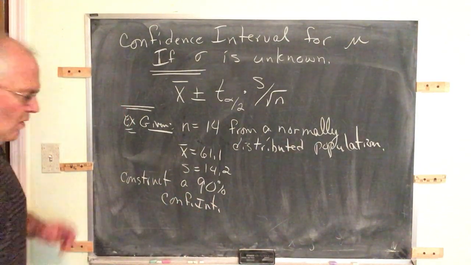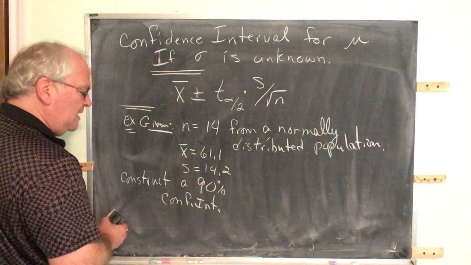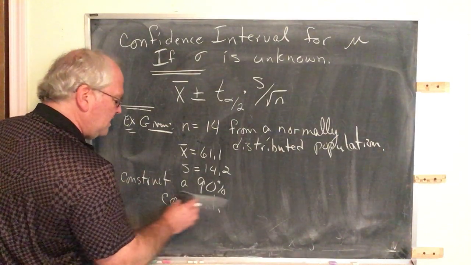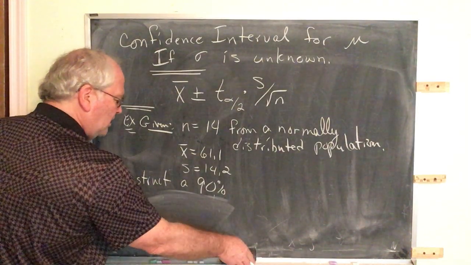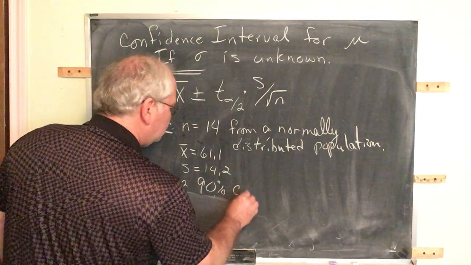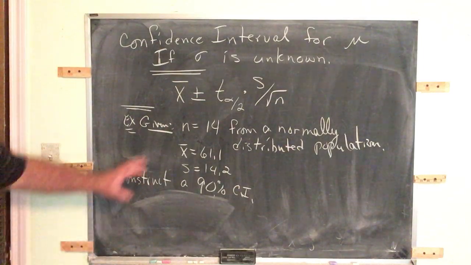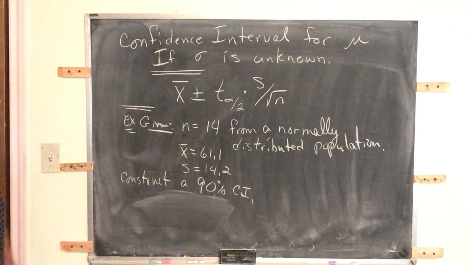Well, in part because of space restrictions and in part because this is the way it's commonly done, I will from here on out typically abbreviate confidence interval CI. That's pretty standard. So we need to construct a 90% confidence interval given this information.